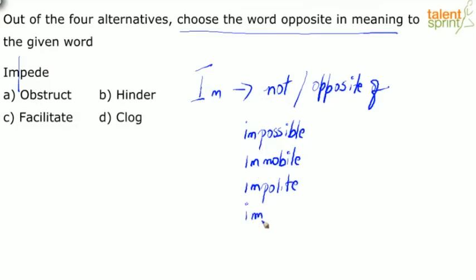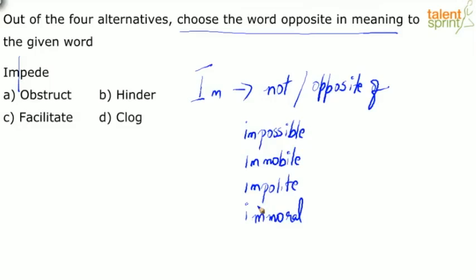Immoral, opposite of moral. Immortal, yes, good. Impure, imperfect, there you go. So ideally, this im means opposite of, the prefix, not the word, the prefix. Right? Now, pede, that particular root, it has a meaning of movement.